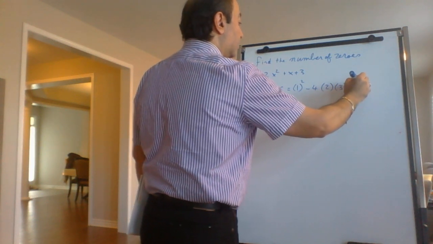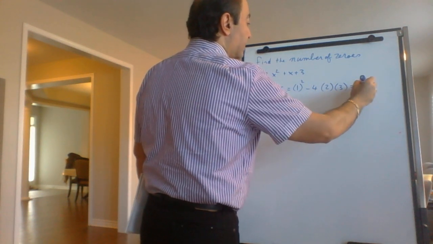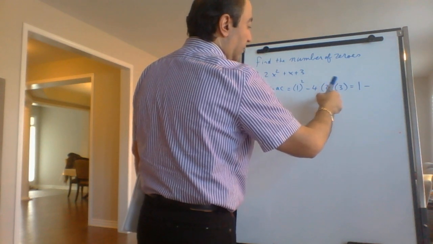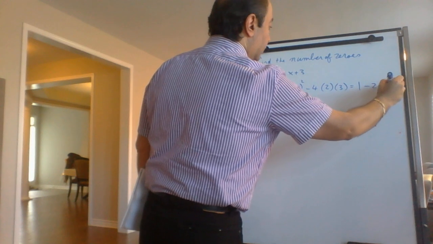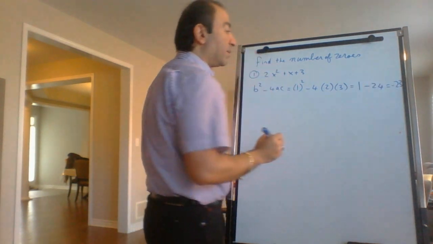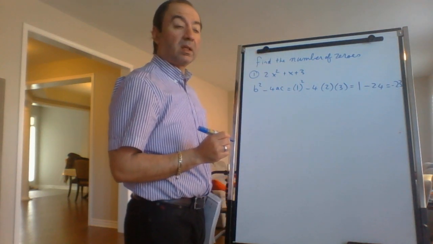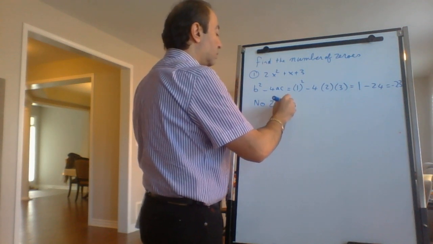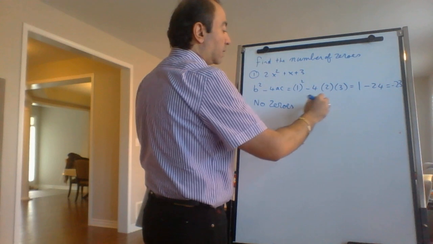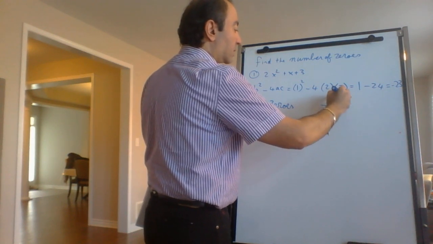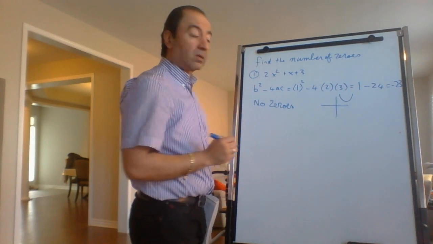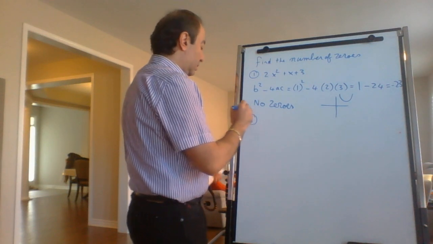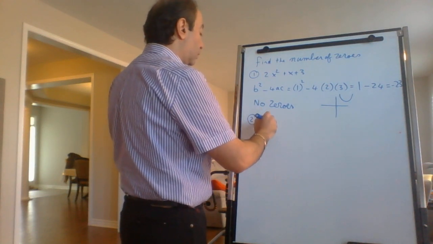And when we do that, we're going to have 1 minus 24, so that's negative 23. So the discriminant is negative. What does that mean? It means no zeros. Let's do the next one.